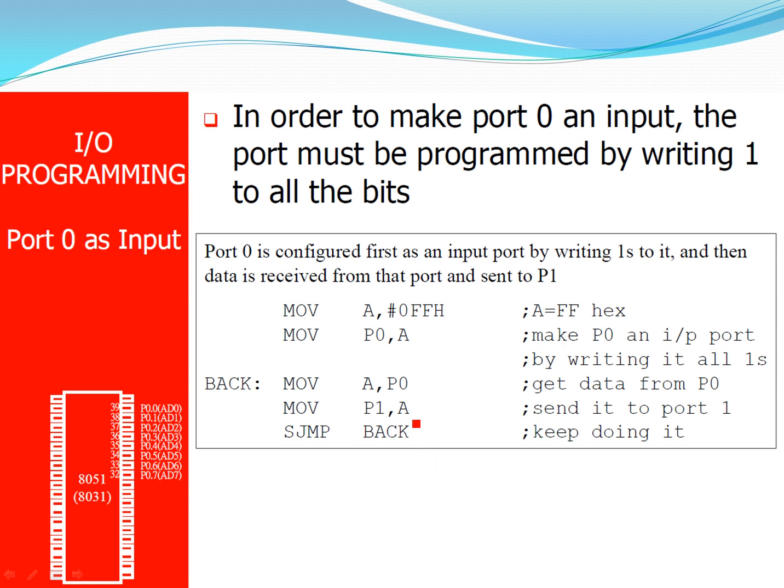So directly you can send the accumulator content to port 1. That is MOV P1, A. Whatever data is available in the accumulator will be sent to port 1, and then SJMP BACK. So BACK is given here. Again it gets the data from port 0 and sends it to port 1. This is how you can configure port 0 as an input port.